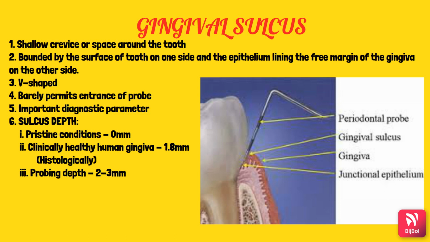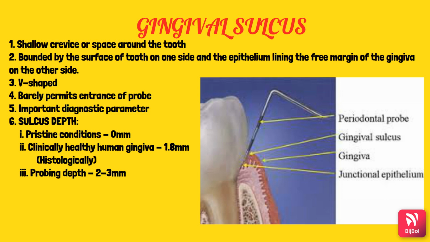The sulcus depth is one of the secondary diagnostic parameters. There are many secondary diagnostic parameters, and the sulcus depth is one of them to differentiate between the healthy gingiva and the diseased gingiva. Then what is the primary diagnostic parameter? The primary diagnostic parameter is the bleeding on probing.